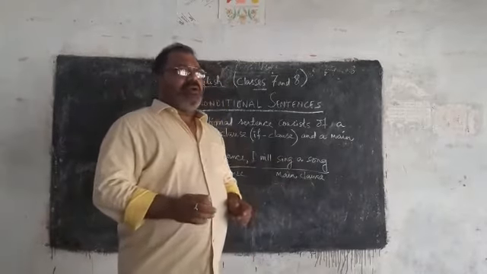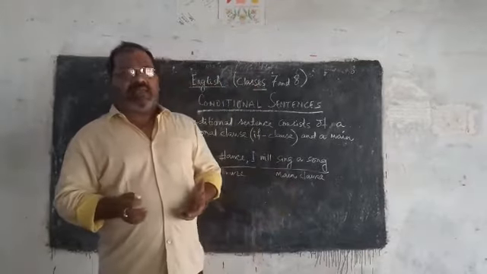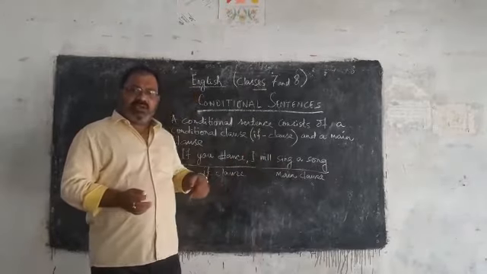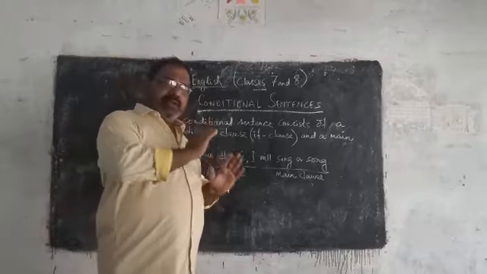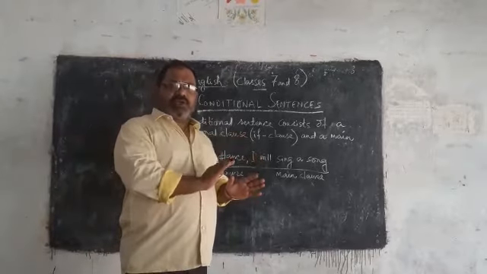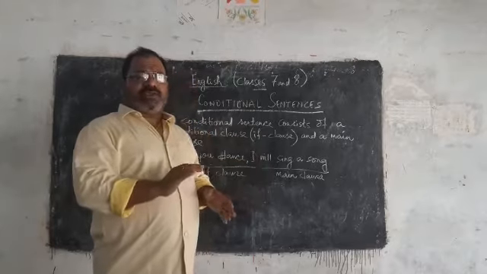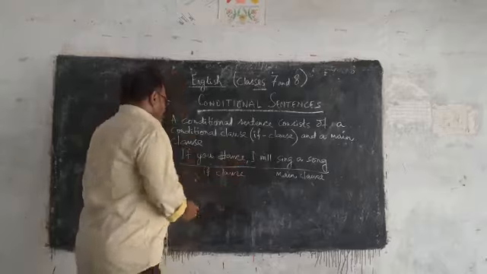Generally, we use the if clause first, but it is not that we cannot use the main clause first. Sometimes we write the main clause first, then the if clause. The meaning becomes the same.